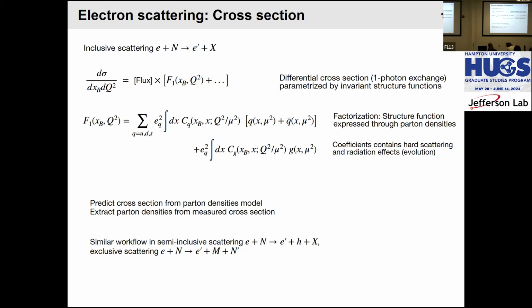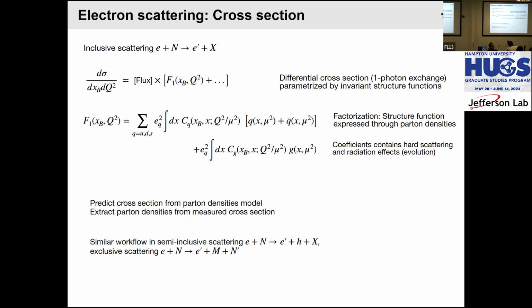The cross section that is measured is typically presented as a differential cross section, differential in the kinematic variables, typically in these invariant variables x Bjorken and Q square. In this form, the cross section can be presented as some kinematic factor, which is essentially the flux of virtual photons emerging from this electron, times so-called structure functions, which represent the hadronic part of the cross section.